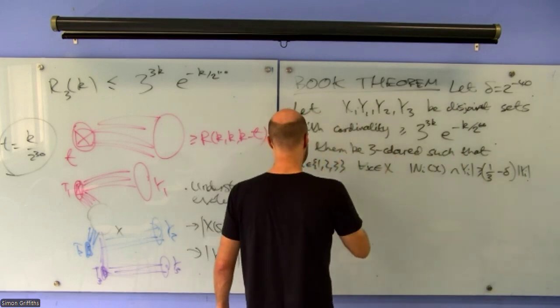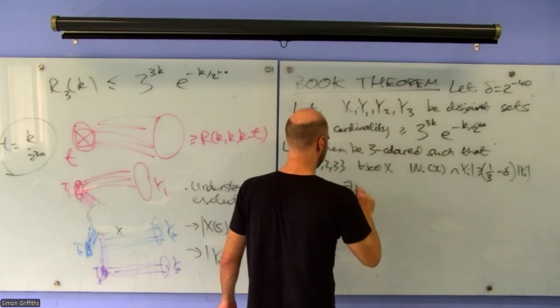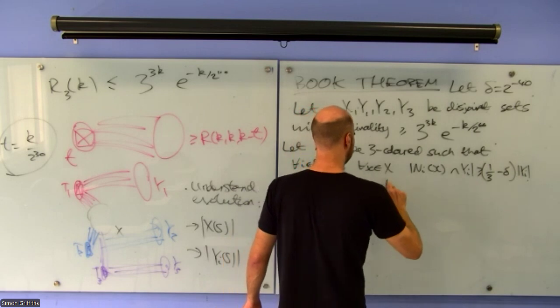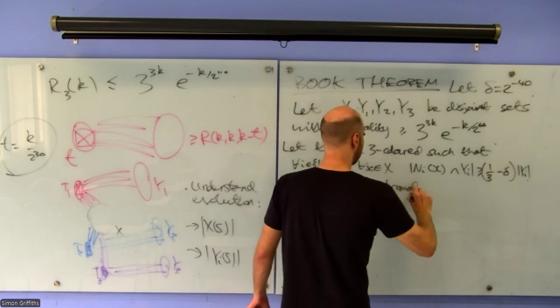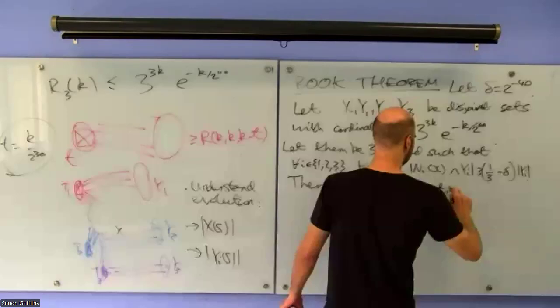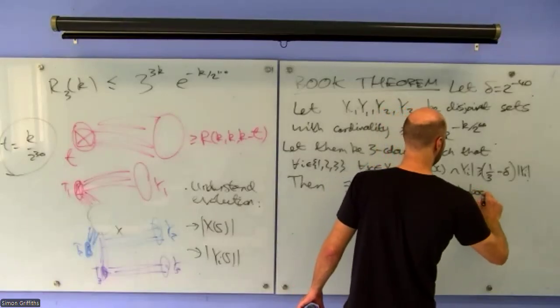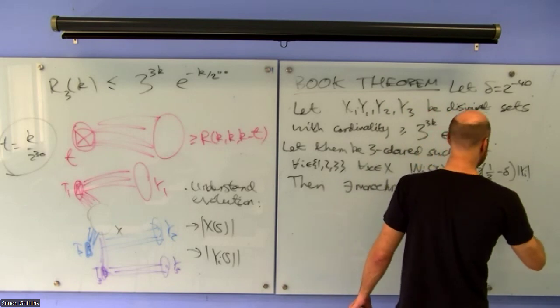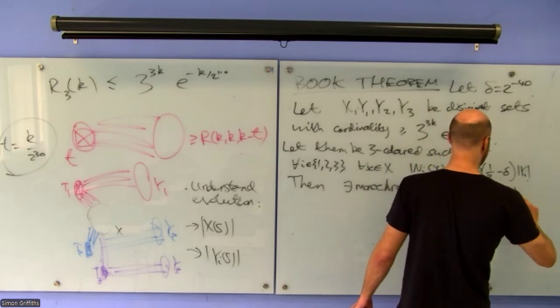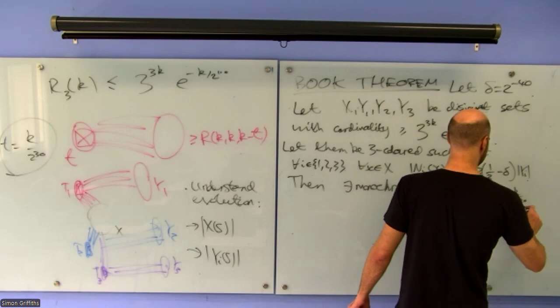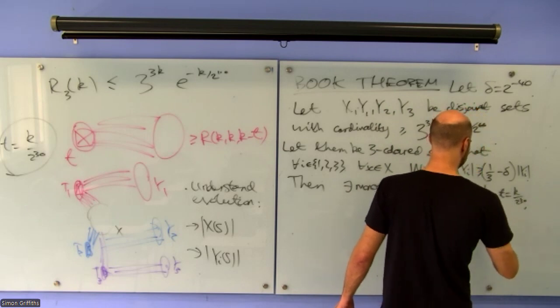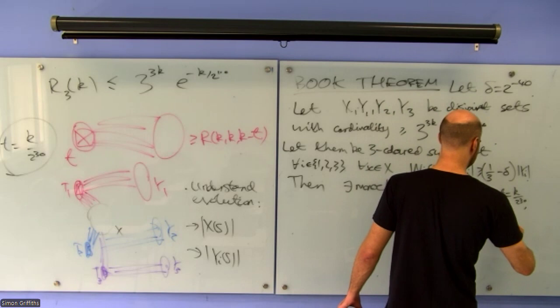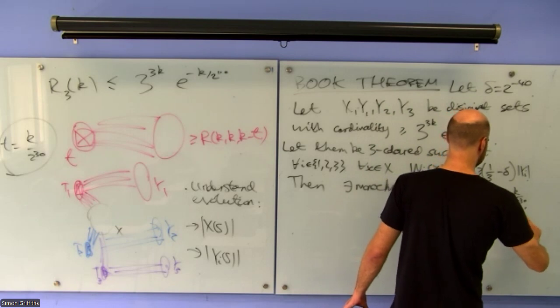Now, then there exists a monochromatic T, M book, and here it doesn't really matter what T is, but T will happen to be k over 2 to the 30, and M is at least R(k, k) minus.